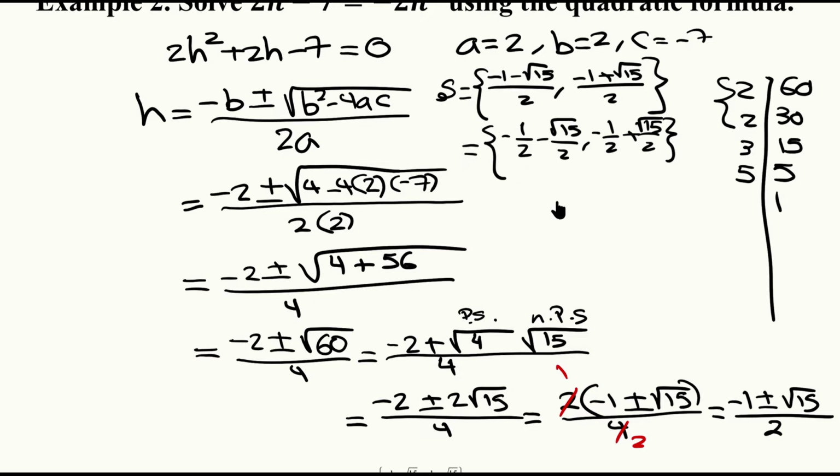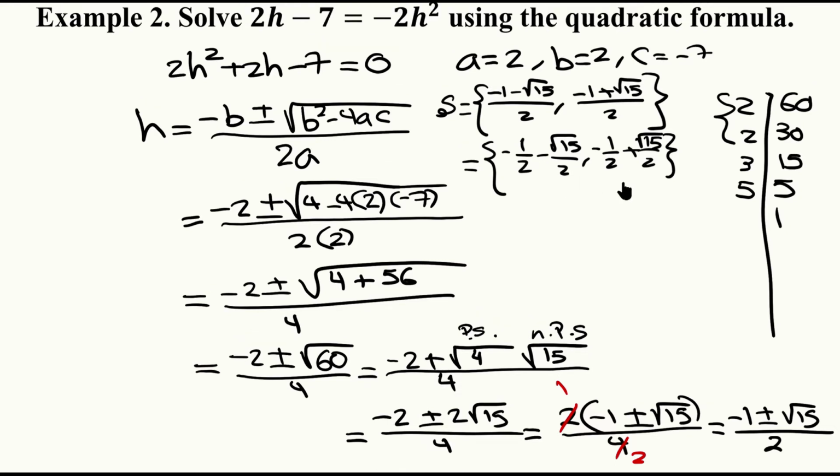And the last thing to note is that the order of these two solutions does not matter. You could put either one first and the other one second. Normally I put them in ascending order from the smaller one to the larger one, but that's not really important. It's just so that all our solutions look similar. That's the only reason we may want to do that. But otherwise, sets of this type are not ordered.